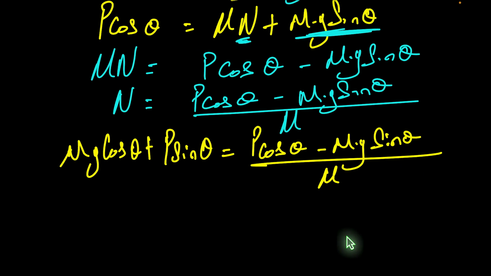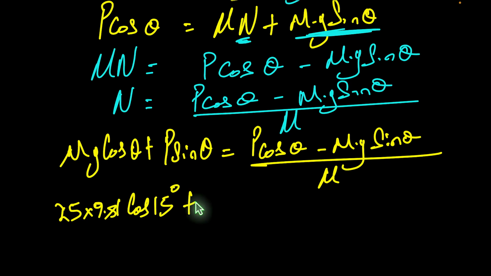So for the left hand side, mass times gravity, so 25 times 9.81, cos we know our angle is 15 degrees, plus our unknown here, which is P sin 15 degrees.